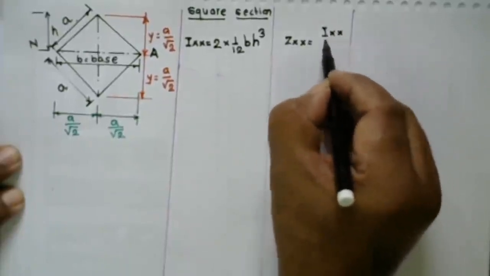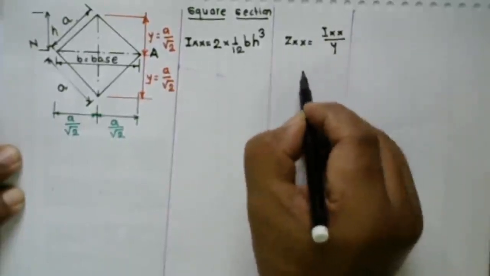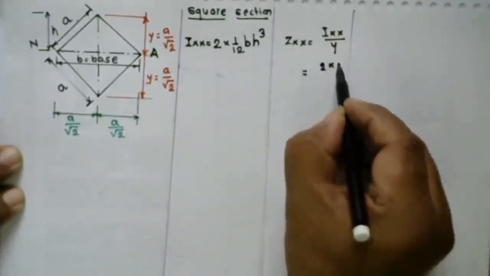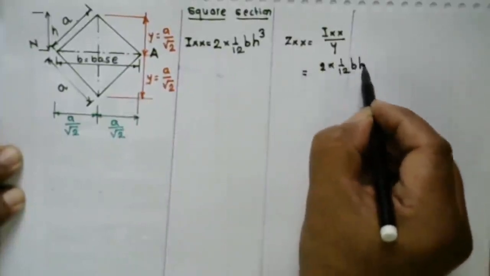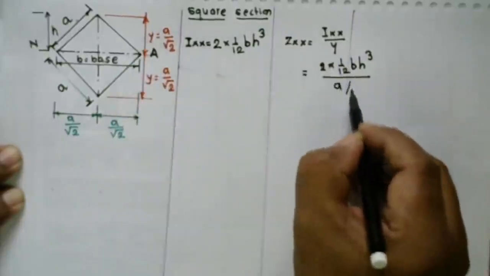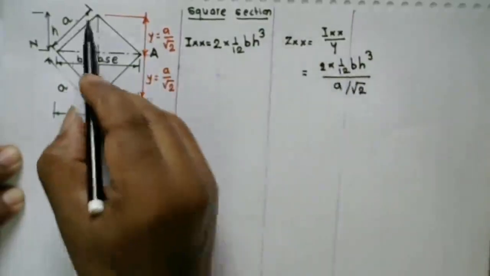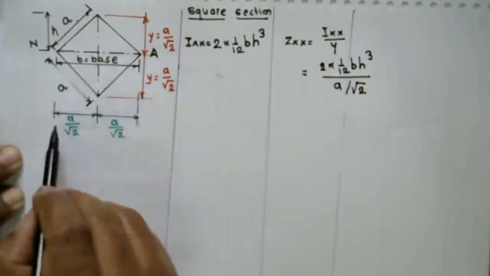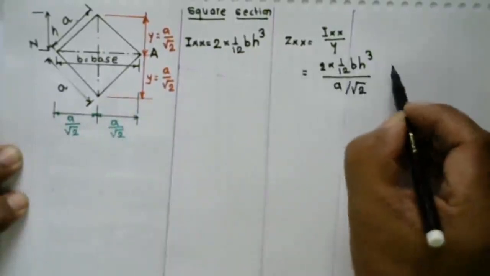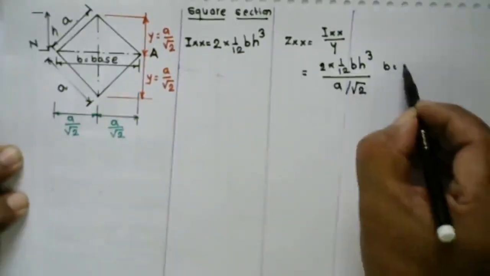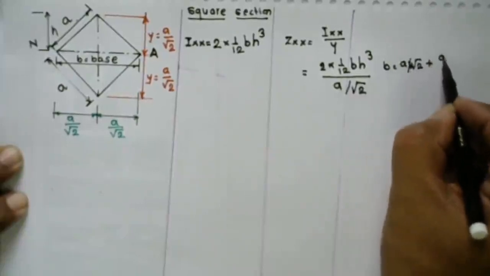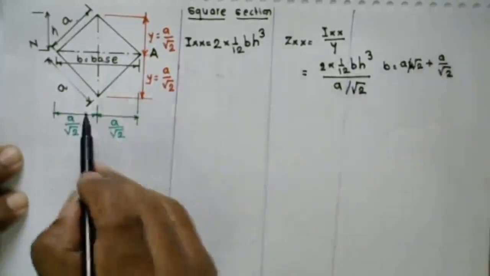And Zxx is equal to Ixx upon y. So Ixx, we have seen, is 2 into 1 by 12 BH cube, divided by y, which is a upon under root 2. Here the base b is a upon under root 2 plus a upon under root 2, that becomes the base.